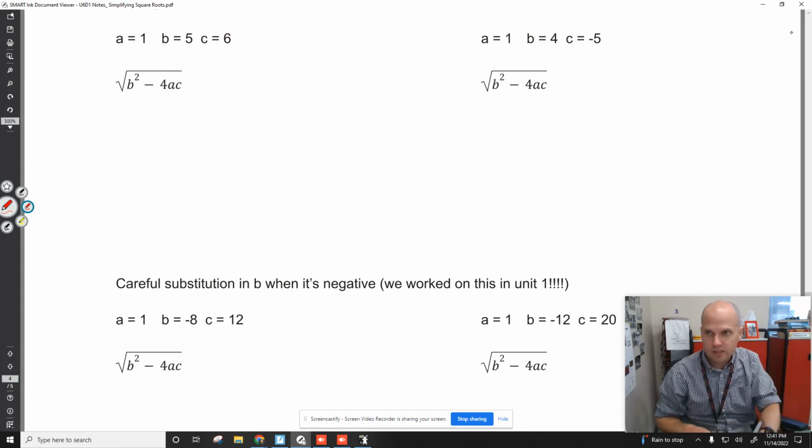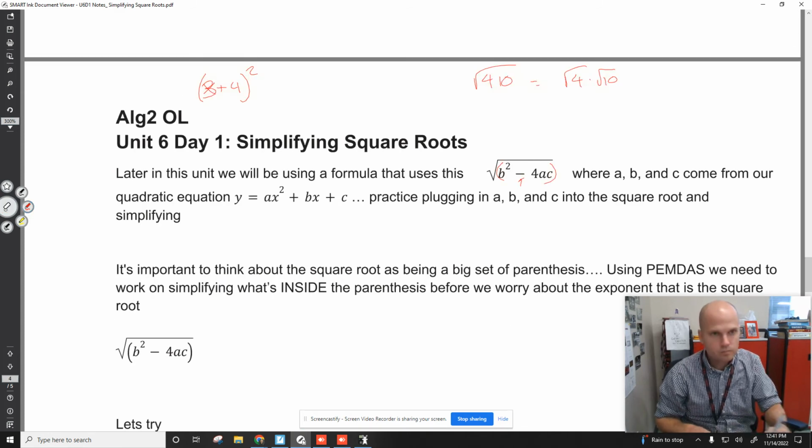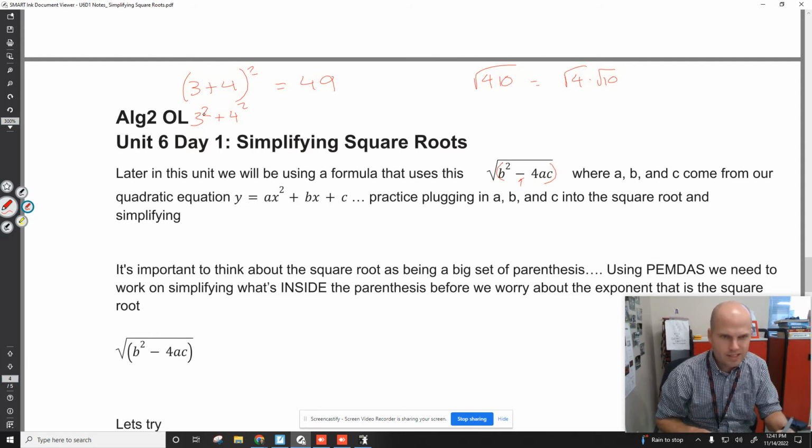Let's get rid of x. You'd probably think, oh, that's 7 squared, that's 49, and you're correct. But what if you tried to simplify this first and say, oh, isn't this like 3 squared plus 4 squared? Well, this is 9 plus 16. 9 plus 16 is 25. Those aren't the same, which means you actually can't do this, okay?